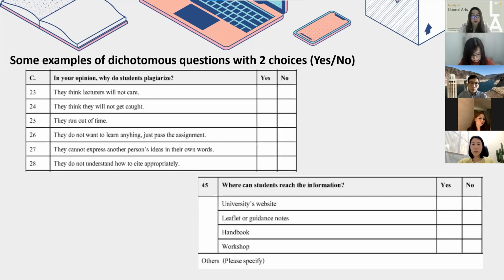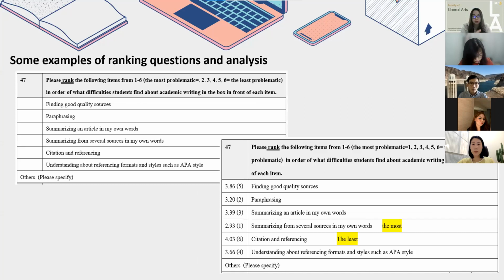And with these questions, I use descriptive statistics, such as frequency and percentage, to present the findings. Moreover, I also used ranking questions, which are about academic writing problems of students. The respondents were asked to rank from 1, the most, to 6, the least, in front of the list provided.